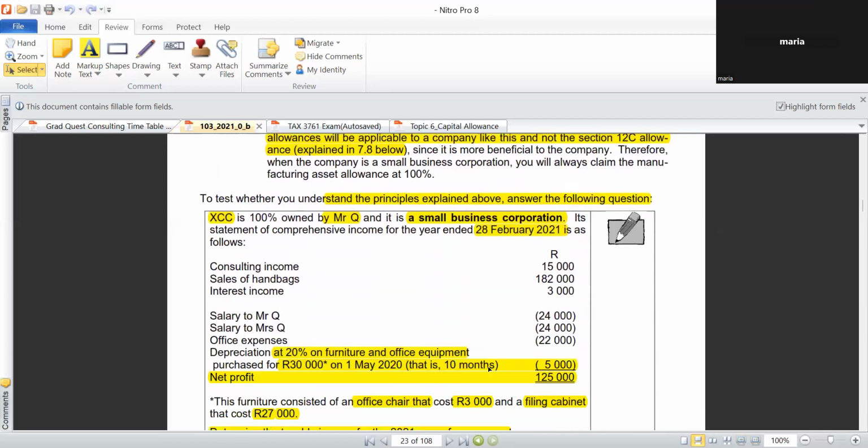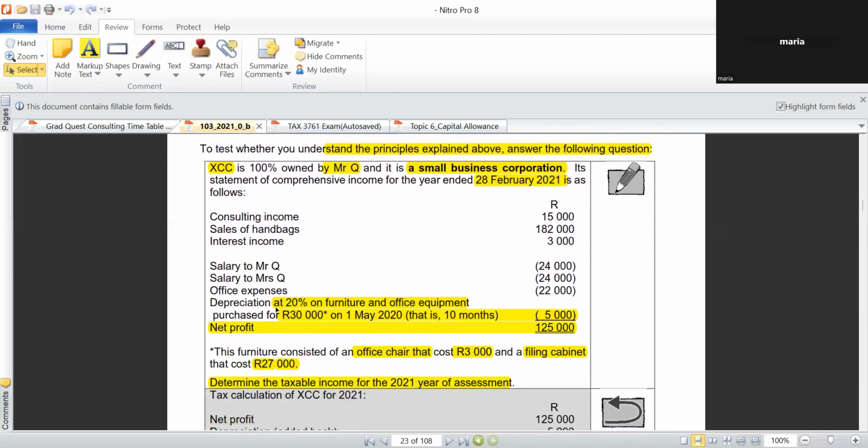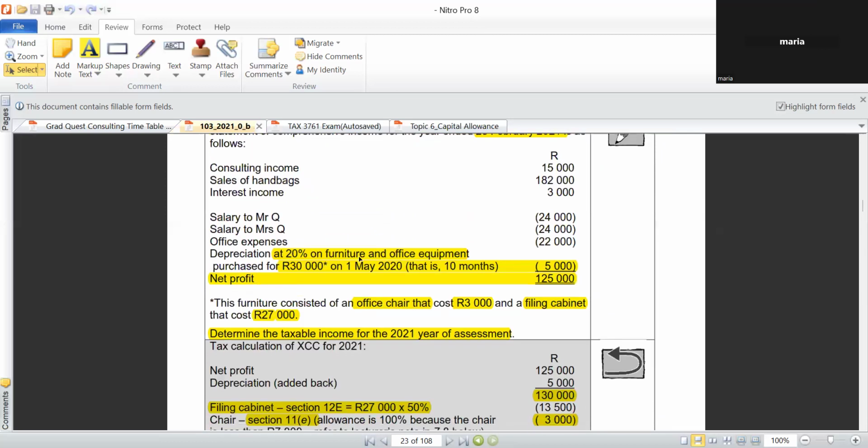However, we noticed that when we went into the breakdown of the furniture and office equipment that was acquired here, the furniture consisted of an office chair to the value of 3,000. And then there was a filing cabinet that cost the company 27,000 rands.